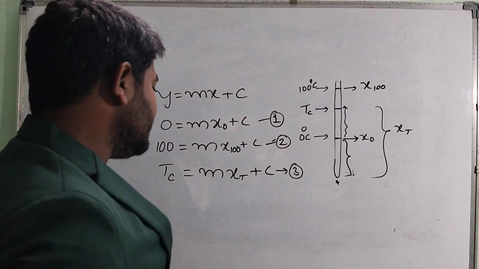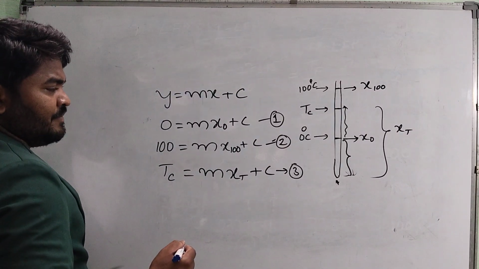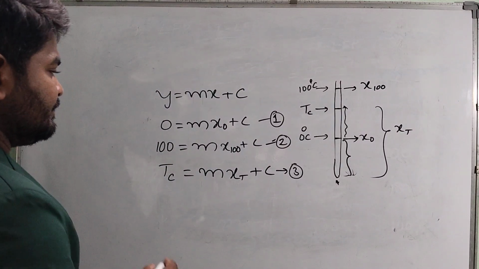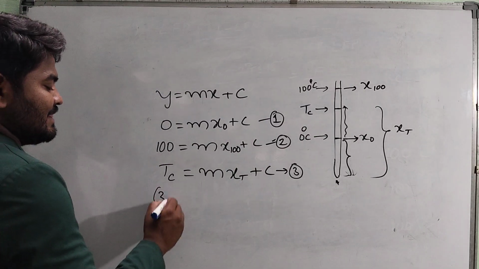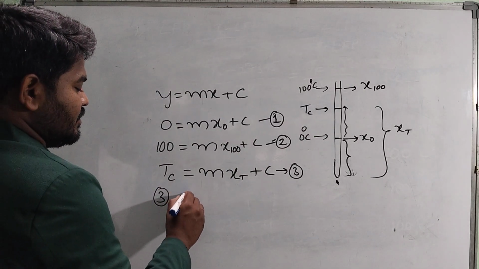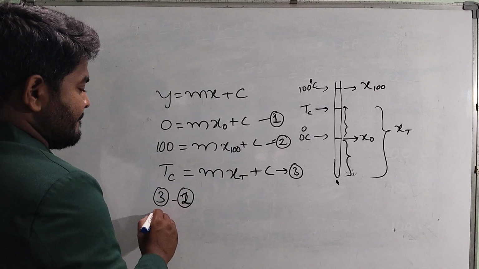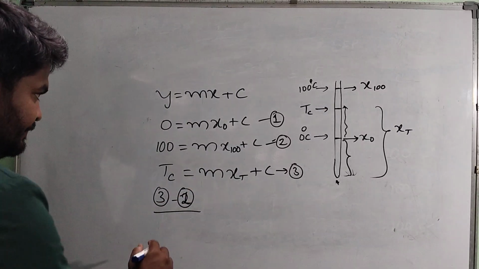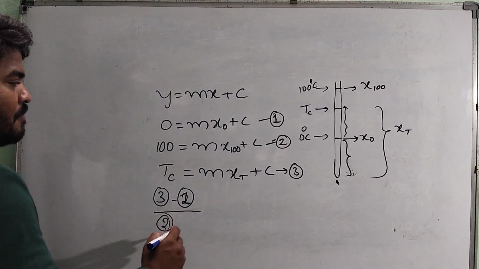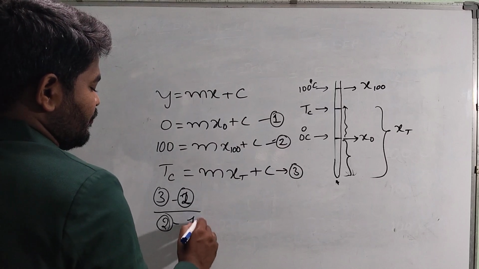Now if you observe carefully, what I'll do is (3 minus 1) by (2 minus 1).